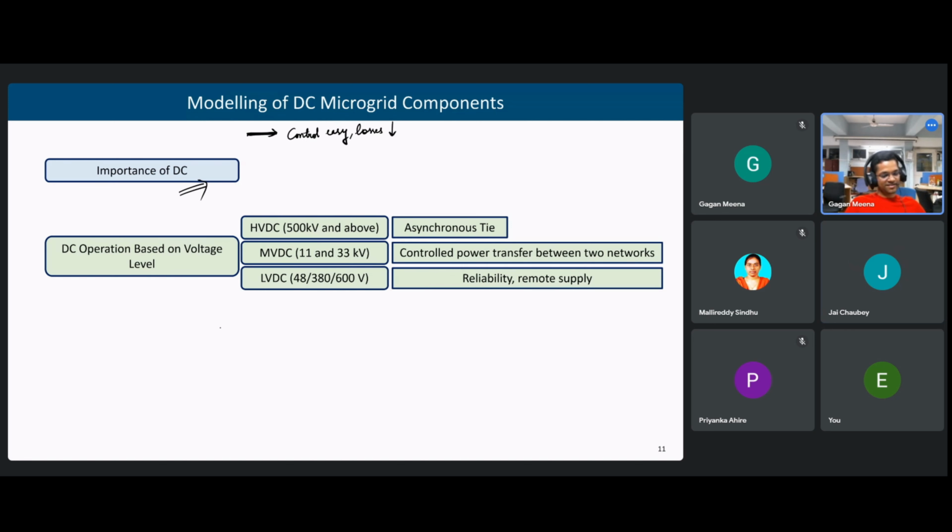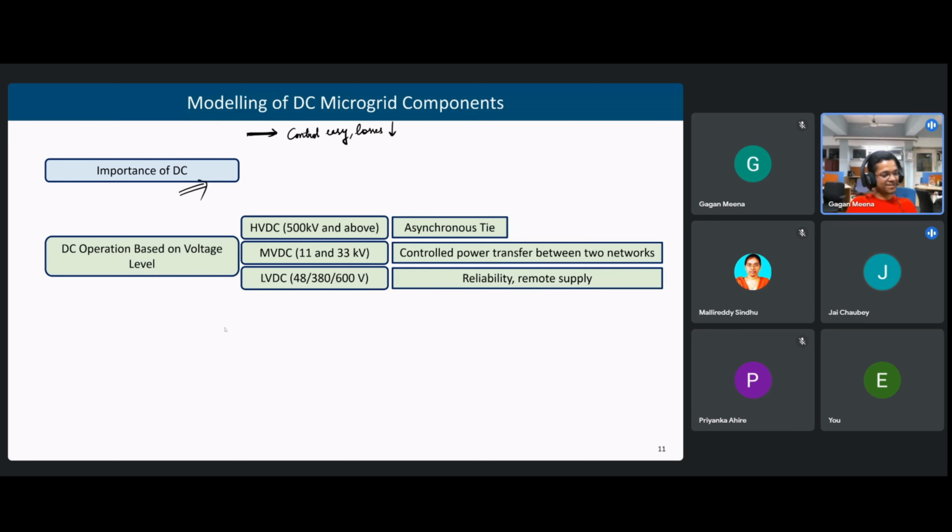But even before, DC was providing these advantages, so why is the focus increased now? Well, because nowadays a lot of complicated grid connectivities are taking place. Control day by day is becoming complex.